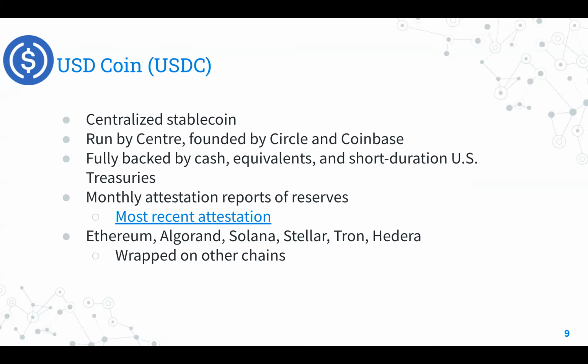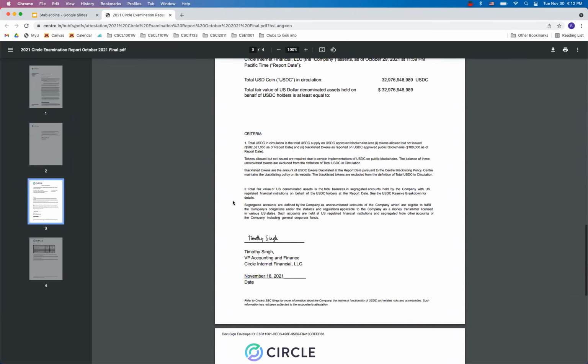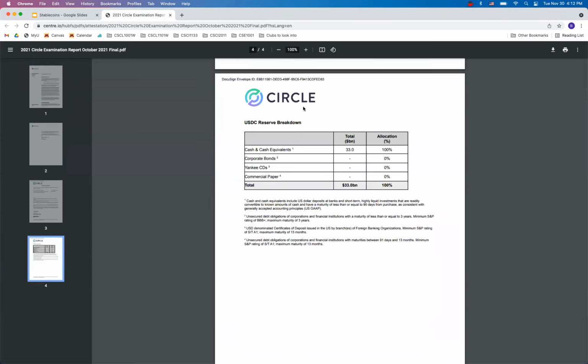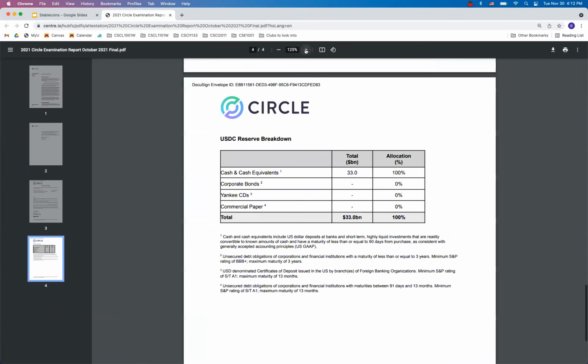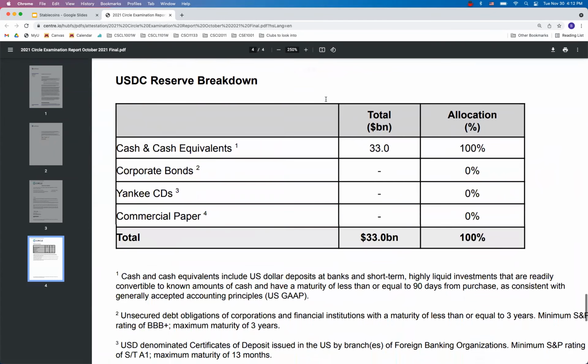USD Coin is fully backed by cash equivalents and short duration US treasuries, and we can see that in their attestations. They haven't released a full audit, but they do have consistent attestations. If we zoom in here, we can see that they are 100% in cash and cash equivalents.